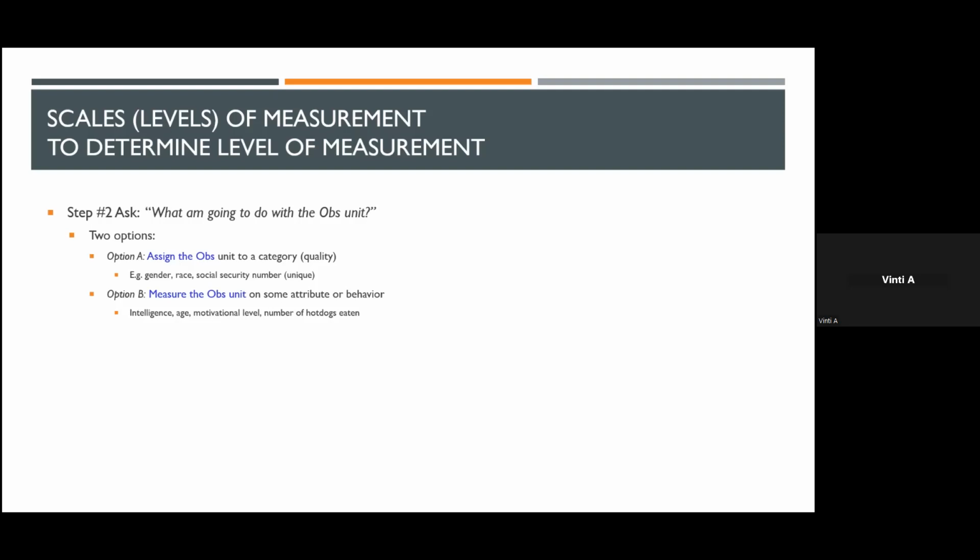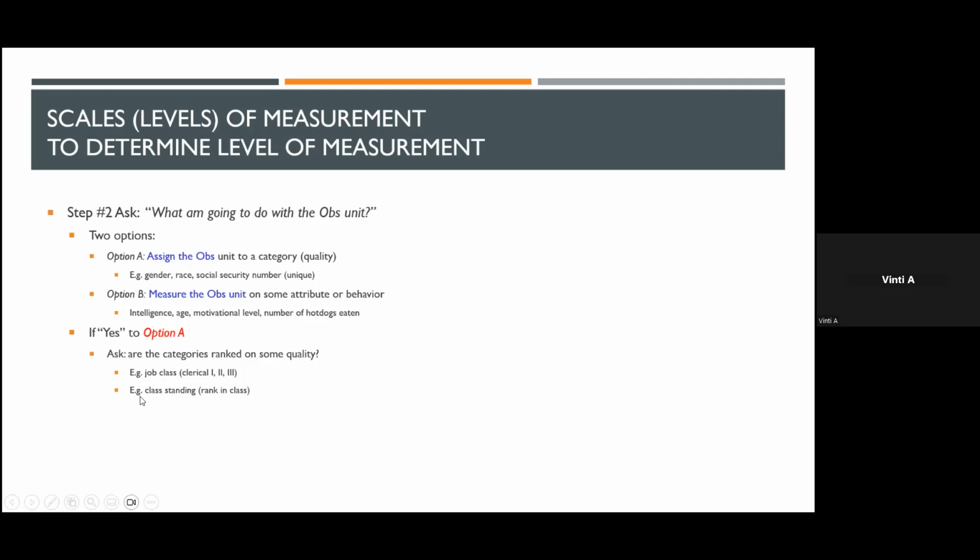Now if you are doing option A and you are saying that I am going to put this in a particular category, then the next thing is, am I ranking it on some quality? So is it 1, 2, 3 class, standing rank in class?